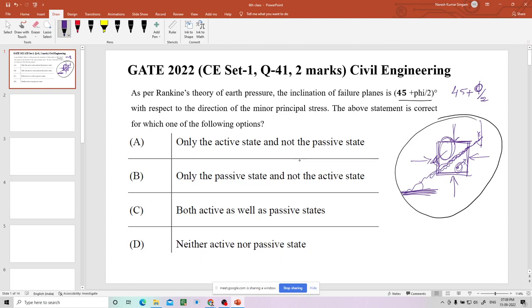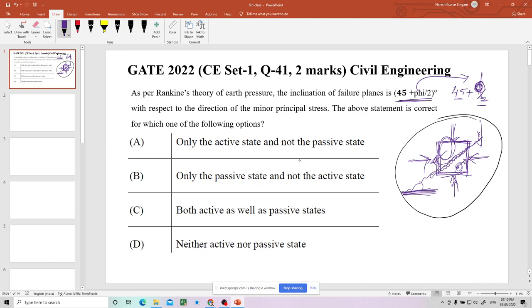Anyway, I'll be repeating the question. As per Rankine's theory of earth pressure, the inclination of failure plane is 45 plus phi by 2, where phi is the friction angle. What I'm saying is that when you take the sample and apply some loads like this, what happens?